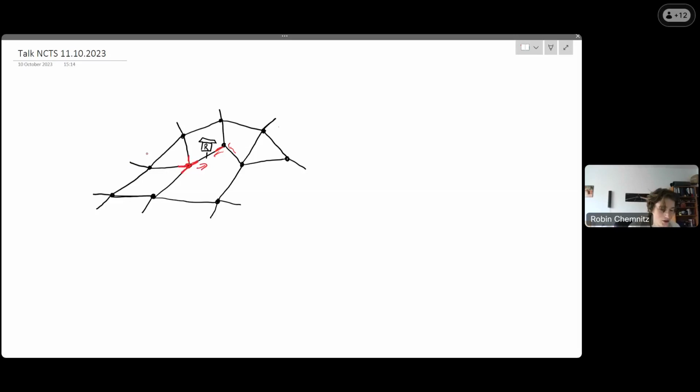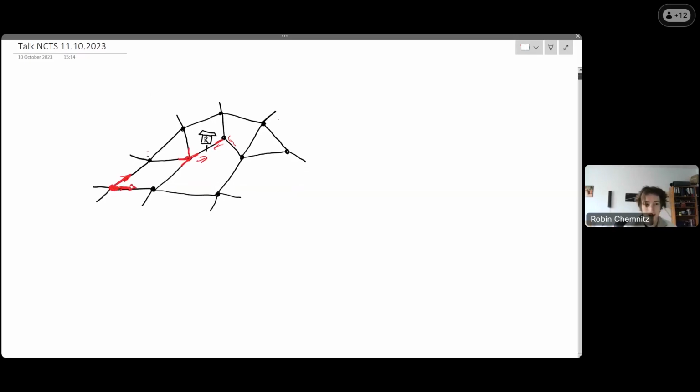Well, you would choose this one because that redirects people to your restaurant. But let's say you can only make a choice down here. And you can either choose that more cars go this way, or you can choose cars go this way. Now it becomes very unclear which of these would result in more people visiting your restaurant in the end.